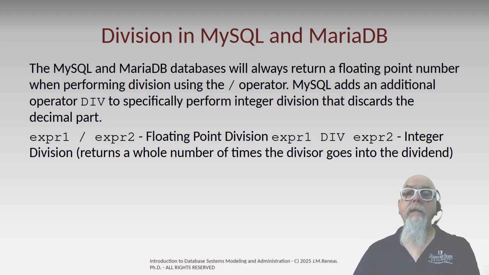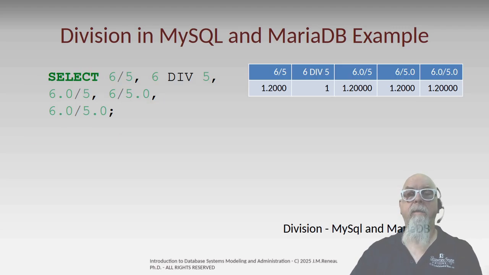If we wanted to do integer division, we use the div operator, which is an operator that only exists in MySQL and MariaDB that does integer division. For instance, 3 divided by 2 using the slash would give us 1.5, but using the div operator would give us a 1 because 2 only goes into 3 one time completely.